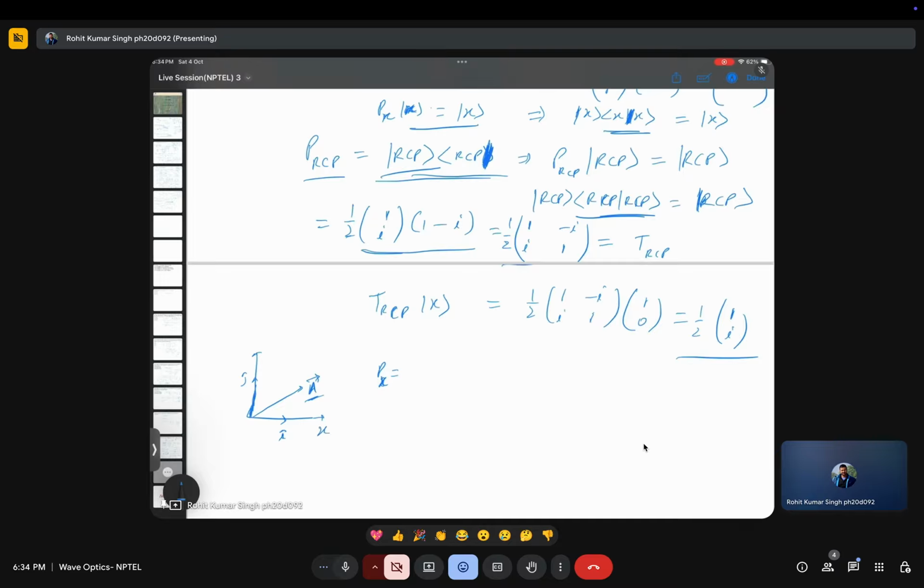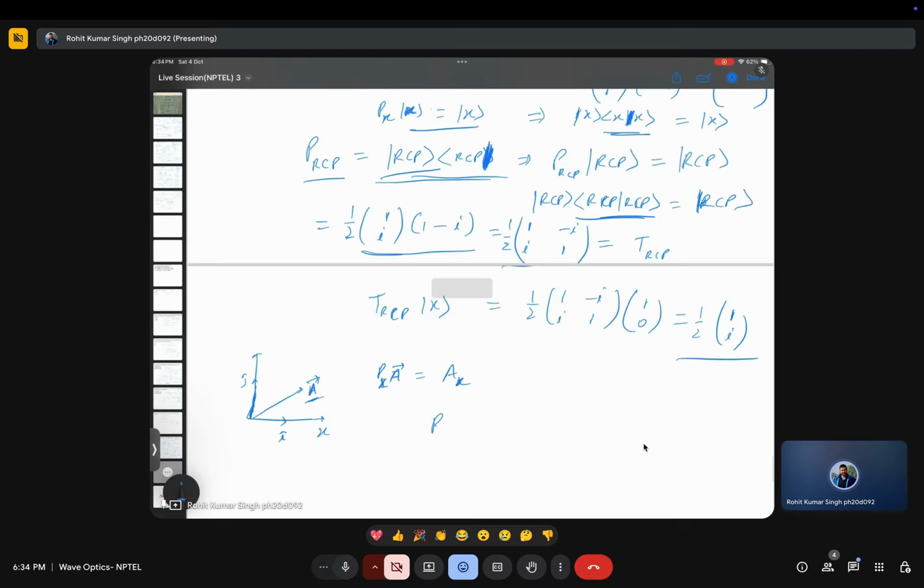So when the projection operator applies on any vector a, you should get ax. So this is what we have done in the above formulation.